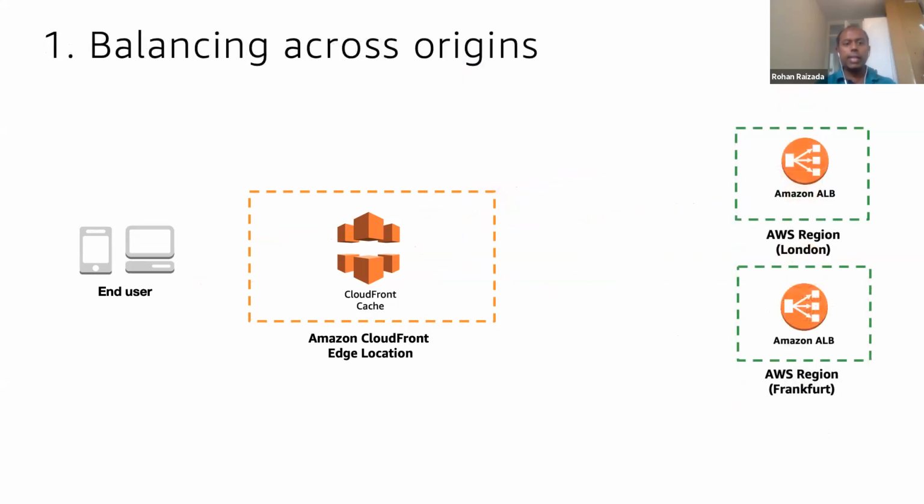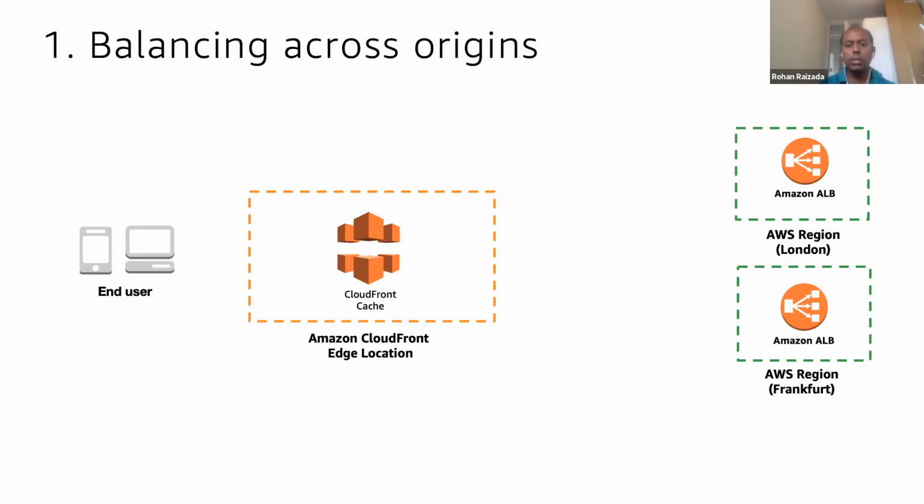The other use case, which is also possible with this same approach, as I mentioned earlier, is balancing across origins. We were working with a customer, and what was happening is they would get a big spike of customers coming in, and they wanted to distribute that traffic across origins in Europe, because they were mainly catering to European customers.